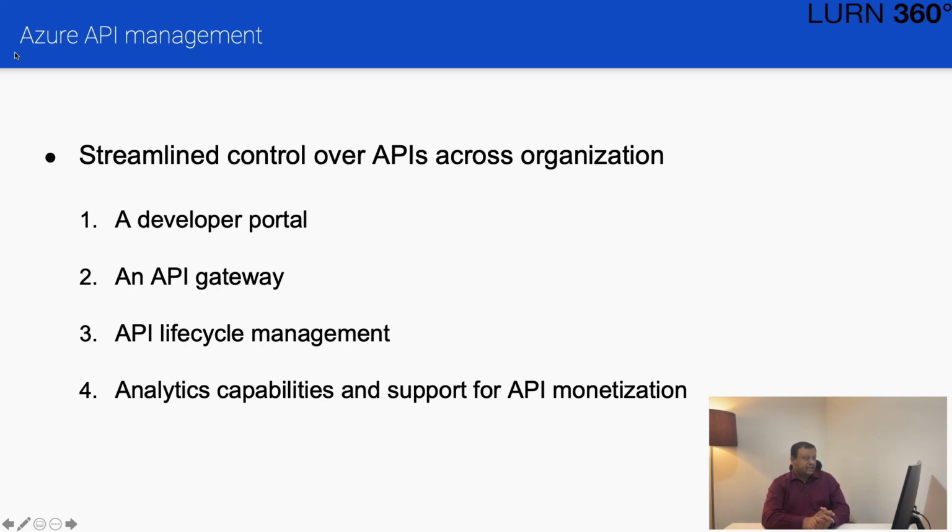The third one is API lifecycle management, right? And this is also very important. You may have seen in almost every API endpoint something called V1, V2, or V2.1, V1.2, something like that, right? Those are versions of the same API.